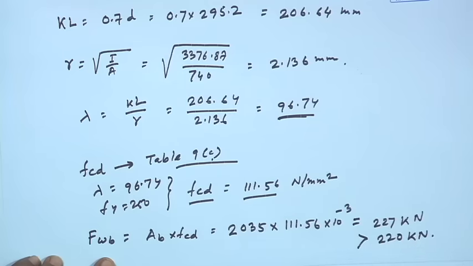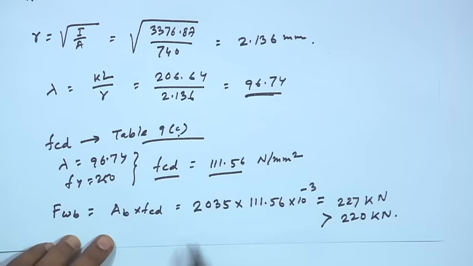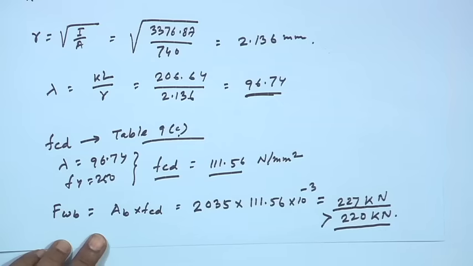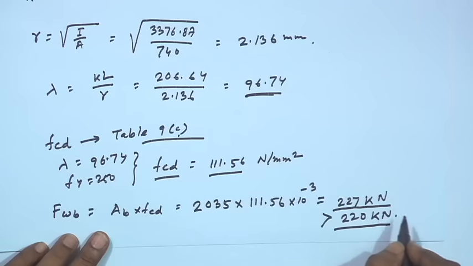So, this is okay, because the buckling strength of the web is coming as 227 kilonewton, and the factored shear was given as 220 kilonewton. So, buckling strength is more than the factored shear.